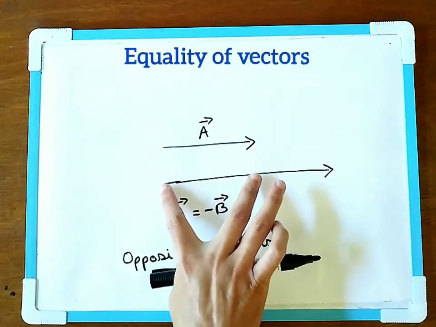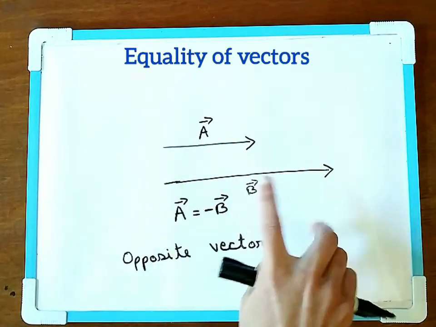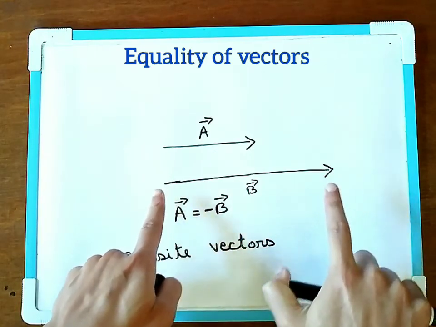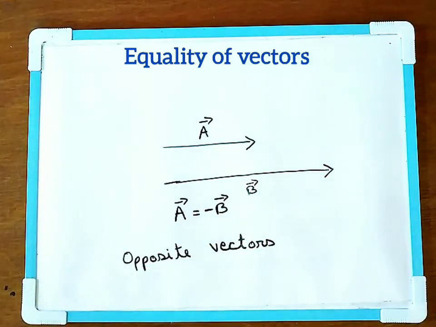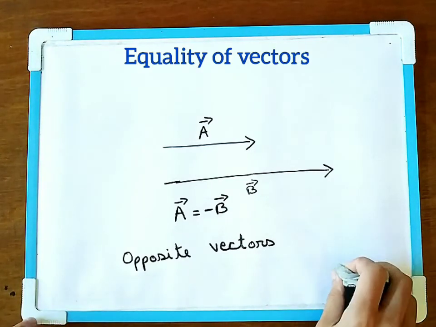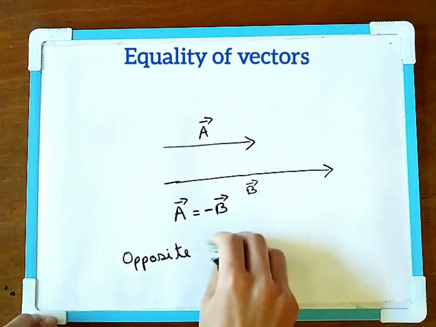So here this is the magnitude of A and this is the magnitude of B. So it has got the same direction, but the magnitude is different. So B is much larger than A. So how will we represent this vector which has the same direction but different magnitude?